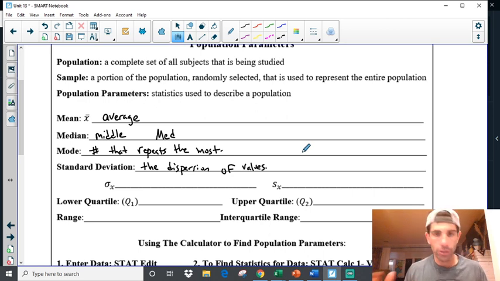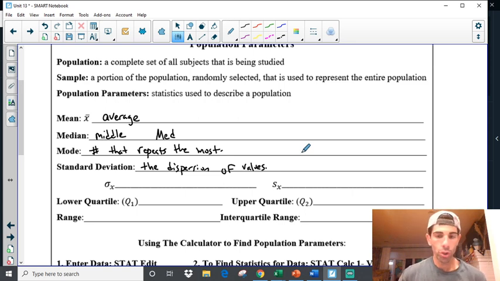Let's say I chose these: 1, 88, 16, 32, and 50. That would have a large standard deviation because those numbers are all far apart from each other. And that's what standard deviation is.